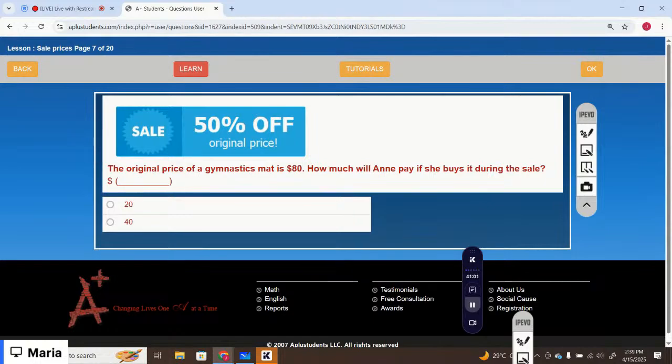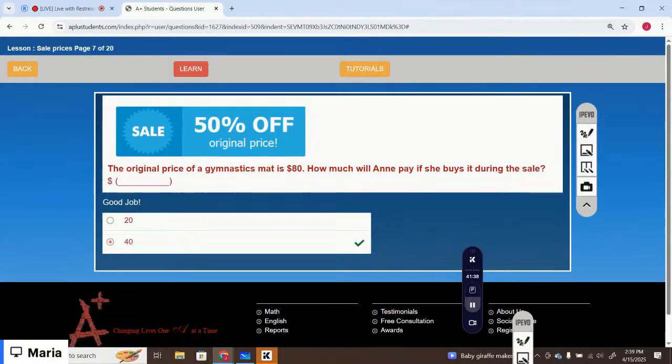So, which is the correct option? That is $40. Option number two is the correct option.